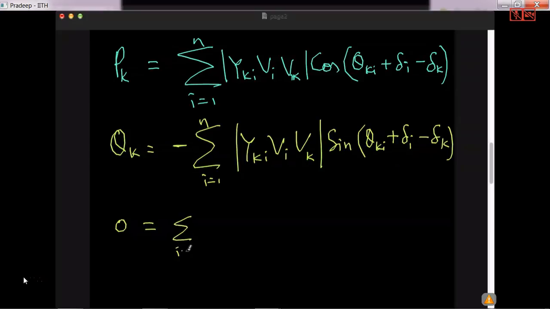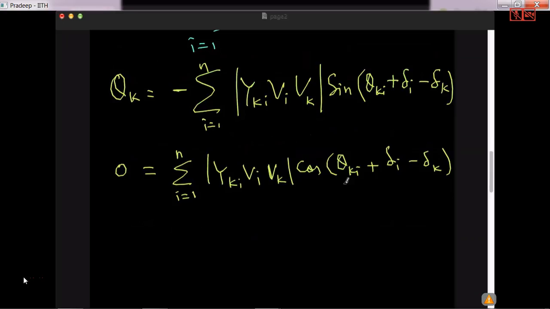why am I writing 0 equal to? Because the Newton-Raphson method requires the function value to be 0. Yki Vi Vk cos of theta ki plus delta i minus delta k.